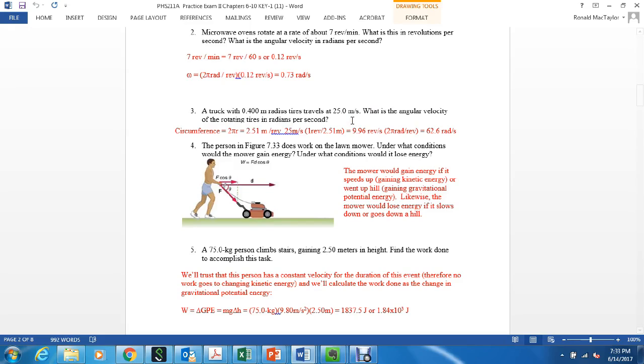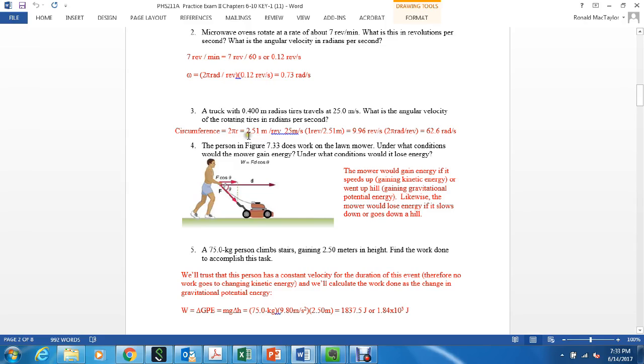We have a truck with a certain radius tire traveling at 25 meters per second. There's multiple ways to solve this one. I've done the v tan equals r omega solution before. In this case, I'm doing the case where we're saying the circumference of a tire is going to be 2.51 meters.